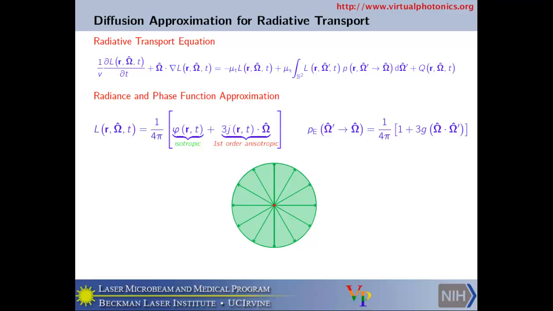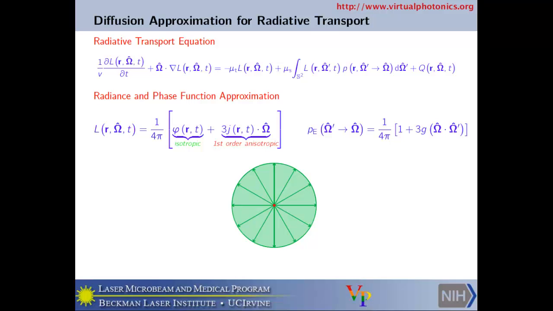We call this phi, which is the fluence rate. So basically it says, let's just take a term that is uniform in all angles, not only in the plane of the board, but in 3D. So this is just a sphere. Let's first approximate the radiance by a sphere, equal in all directions.